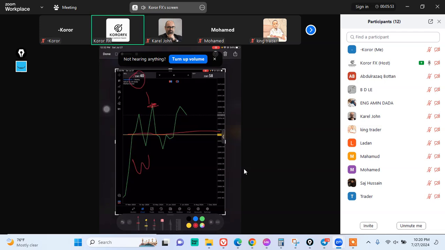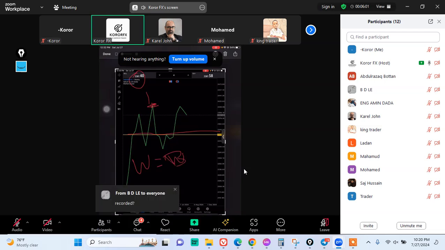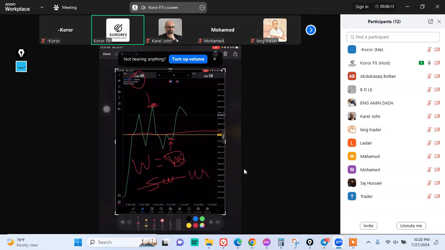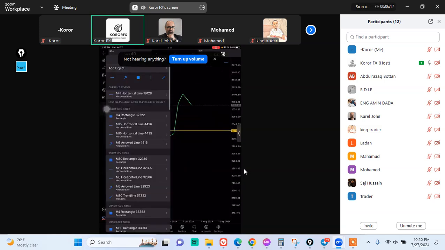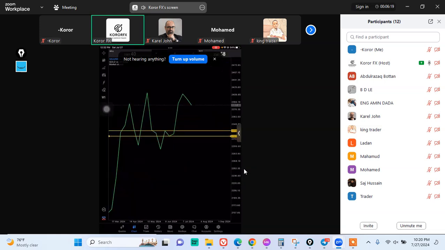So we have to aim to buy from the weekly level, which is below the monthly, which will be here. That is the support level of the weekly. Let us mark the support level.